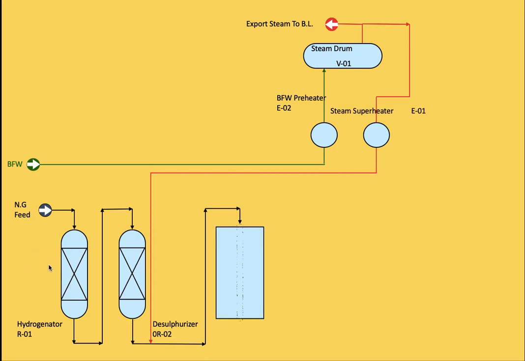This reactor, with some additional hydrogen, like 3% of the total flow, will react with the sulfur components and convert all these sulfur components into H2S, which will be removed by the second reactor here, R2. We use ZnO, zinc oxide, in the second reactor. The zinc oxide is converted into ZnS and leaves the gas clear of any sulfur component to go to the main reformer.